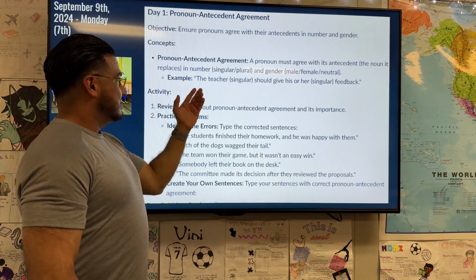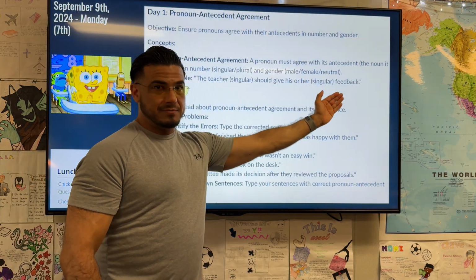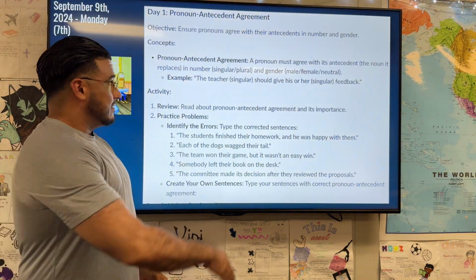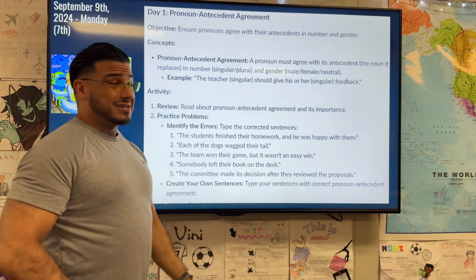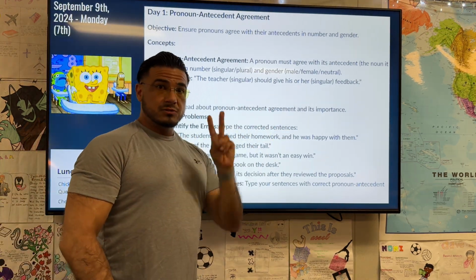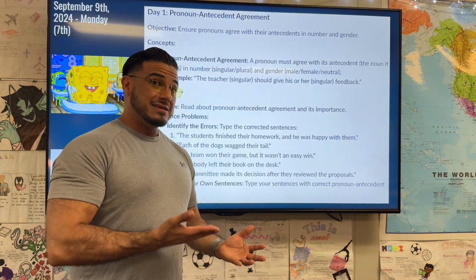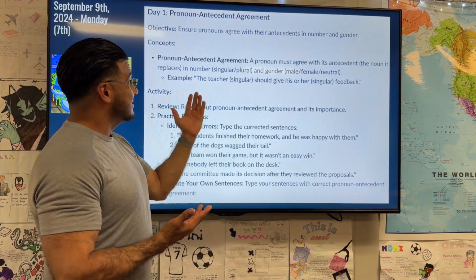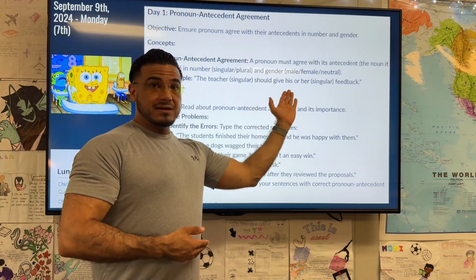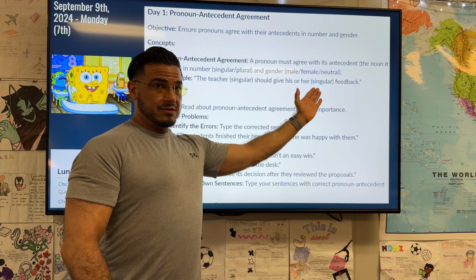Okay. Sample sentence we have: the teacher should give his or her feedback. We recognize that the teacher, being our subject, is a singular subject, and should give his or her, which are the two pronouns used, both of which don't identify the specific gender of the teacher since it's unknown, but we recognize that it's one of the two, both of which are singular.